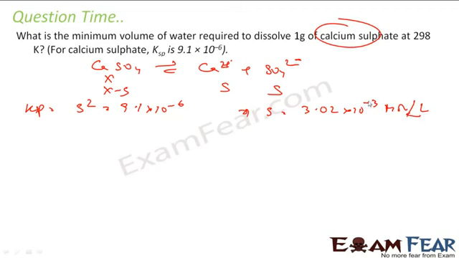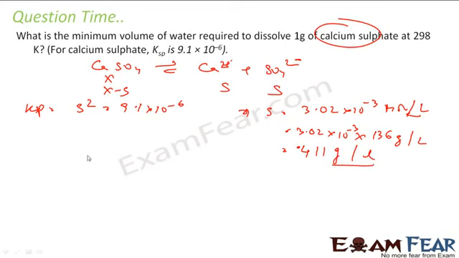So convert this into grams per liter. This becomes 3.02 times 10 to the power minus 3, and moles become grams: for calcium sulfate, the molar mass is 136 grams per mole. This comes out to be 0.411 grams per liter.